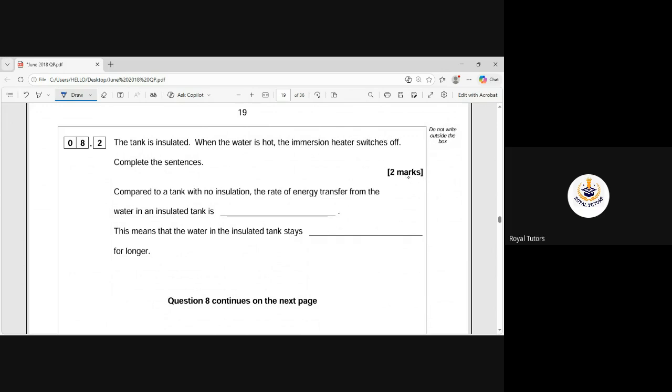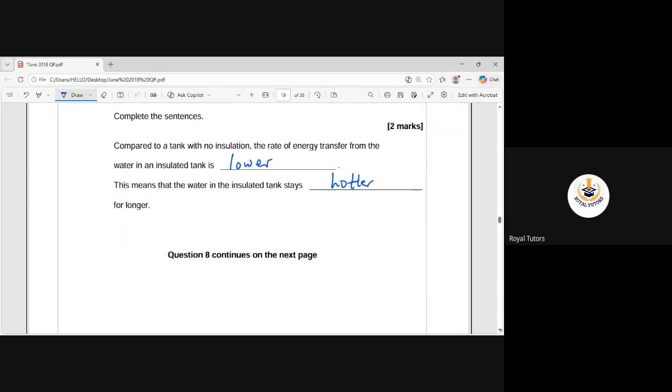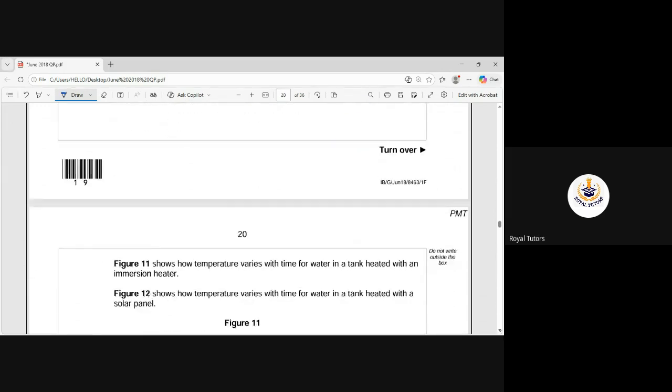Compared to a tank with no insulation, the rate of energy transfer from the water in an insulated tank is lower. And this means that the water in the insulated tank will stay hotter for a longer time. That is what it means.